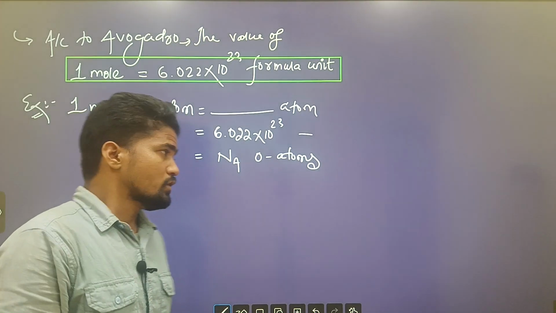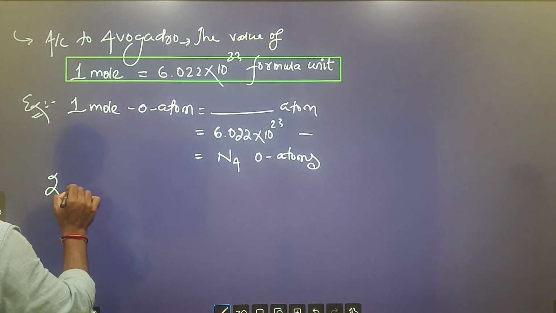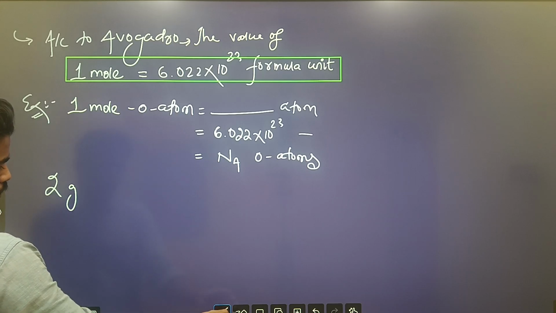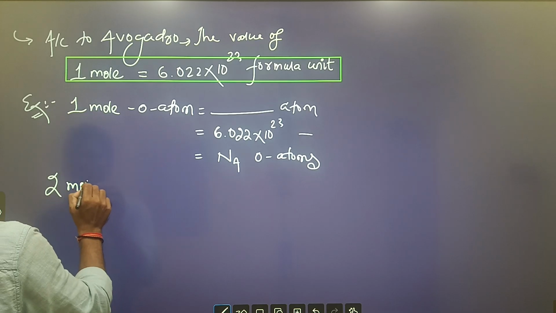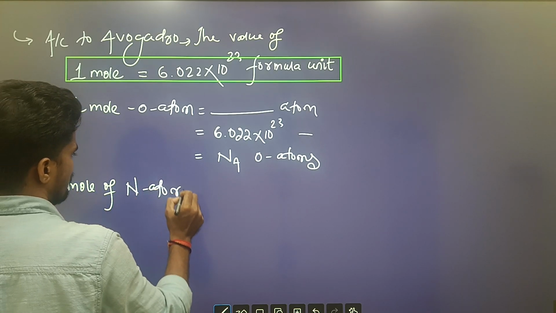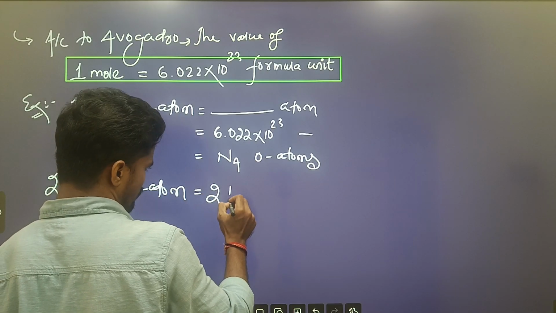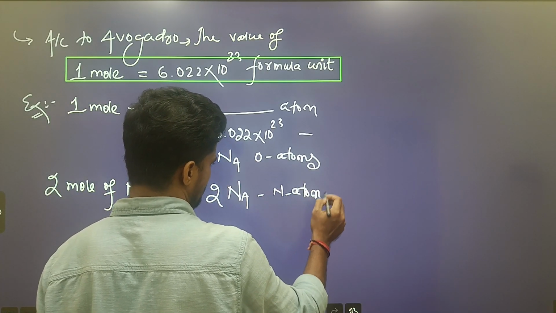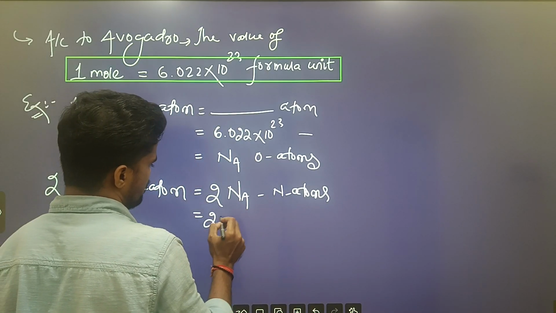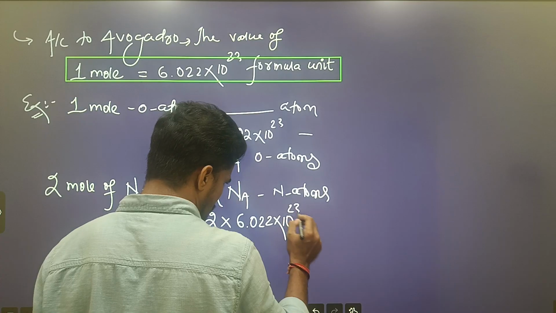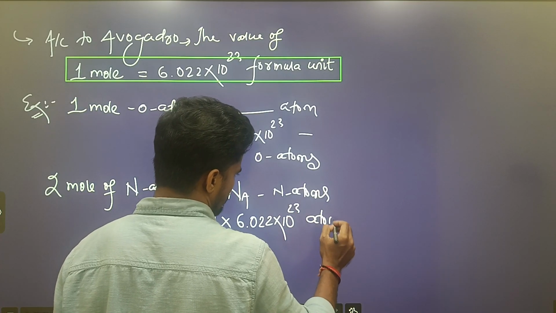Suppose I tell you 2 moles of nitrogen atoms. Gram concept is equal to mole concept. So how can I write that? 2 Na nitrogen atoms, that is equal to 2 into 6.022 into 10 to the power 23 atoms of nitrogen.